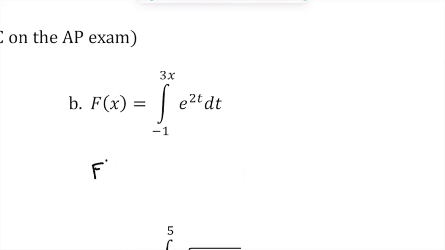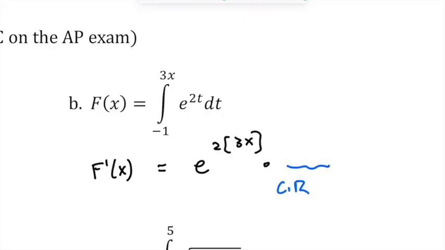So again, if I'm going to take the derivative of the antiderivative, we're going to get our function back, but we do have to plug in 3x there. And then by chain rule, we need to take the derivative of 3x, which in this case is just going to be 3. And so I'm going to get 3e to the 6x.